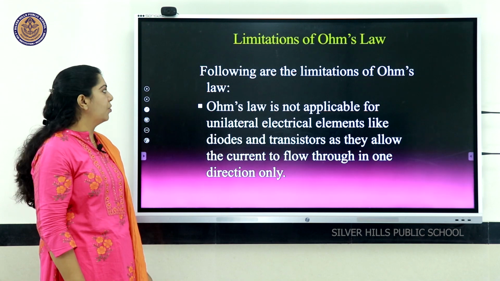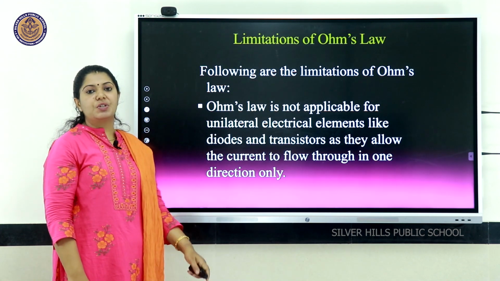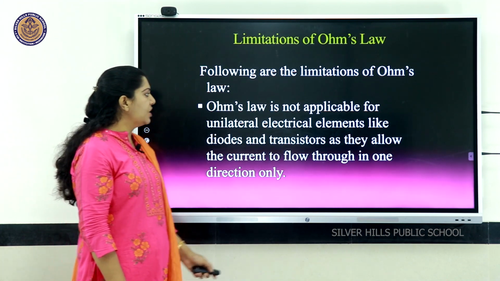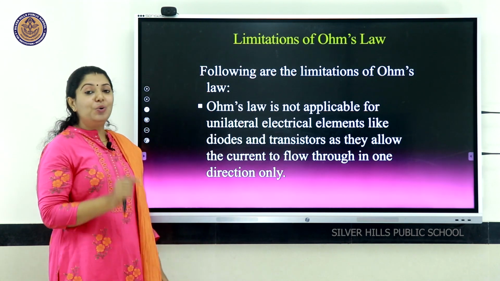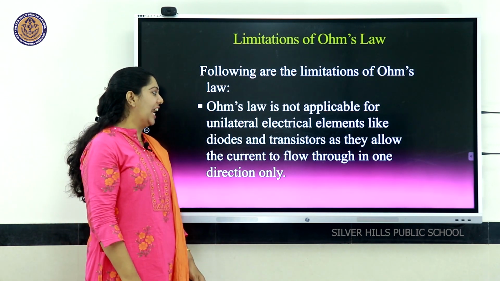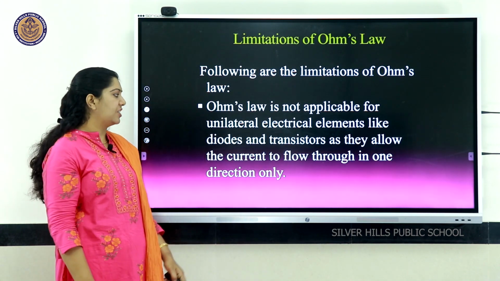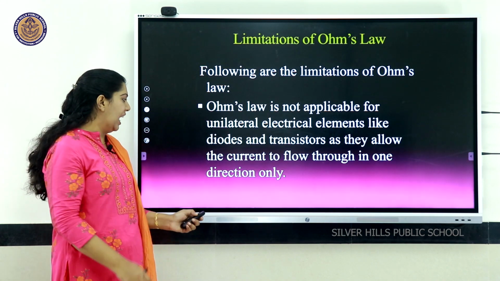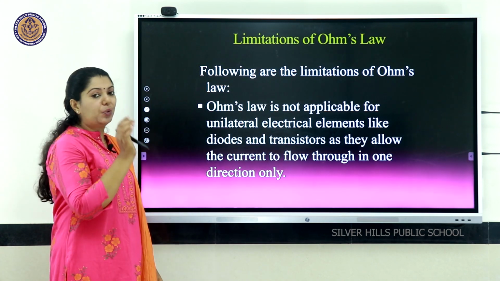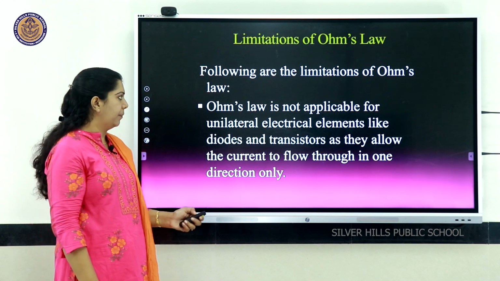Limitations of Ohm's law. Following are the limitations of Ohm's law. Ohm's law is not applicable for unilateral electrical elements like diodes and transistors, as they allow the current to flow through in one direction only.